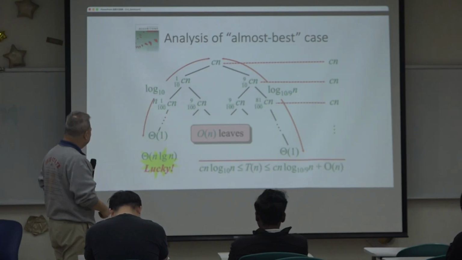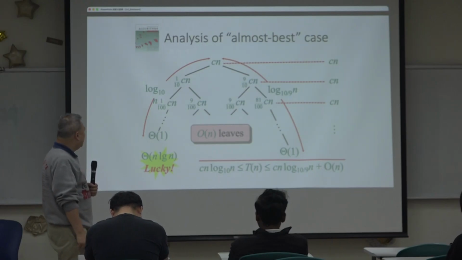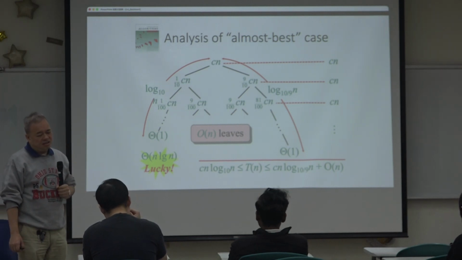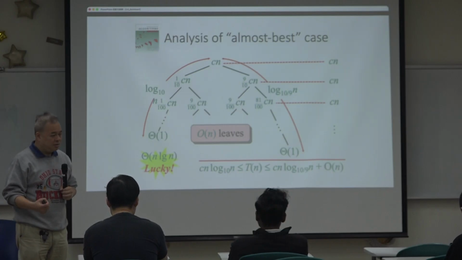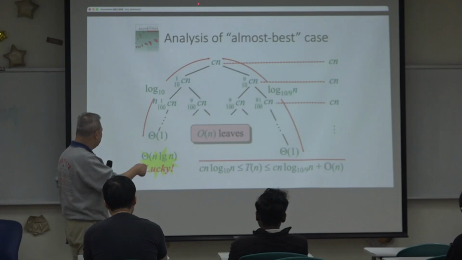Because each time this n gets divided by 10 over 9, a number greater than 1, this level represents this.